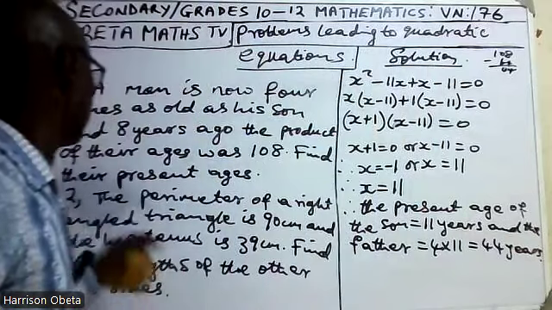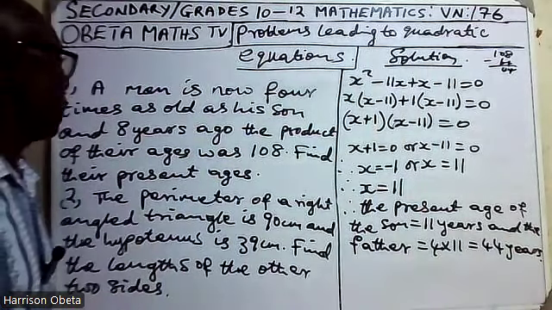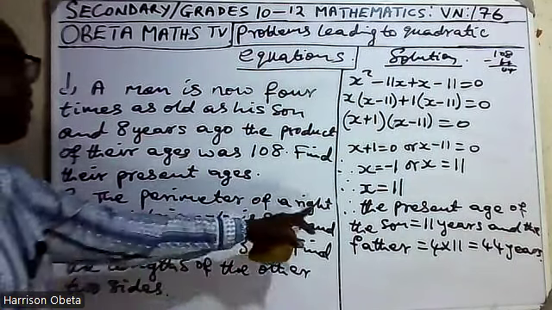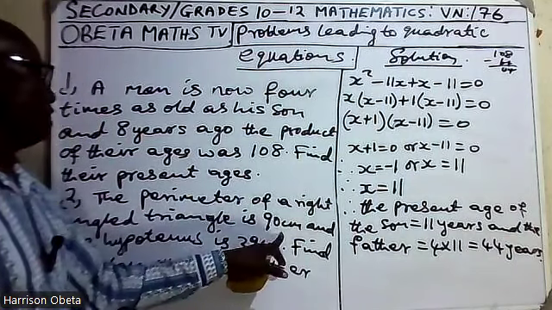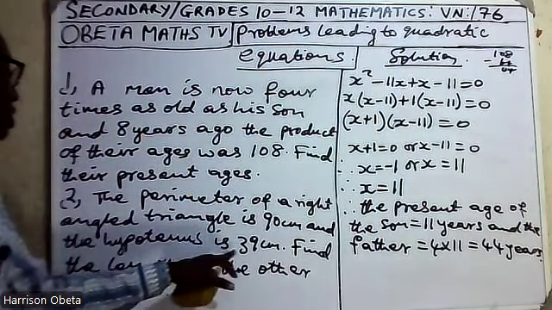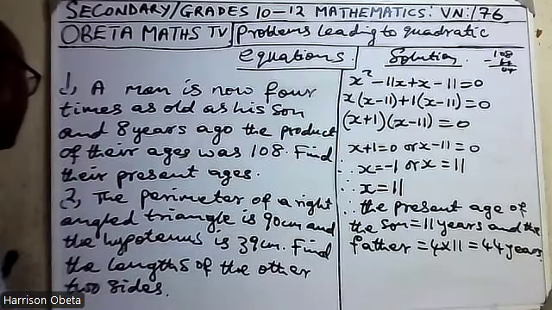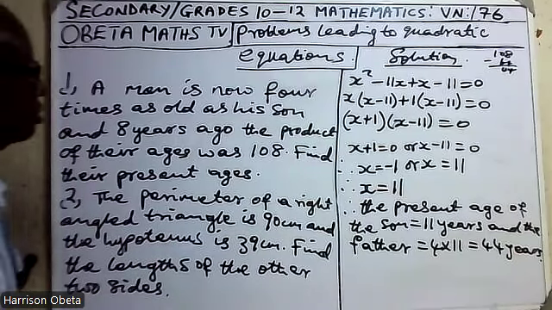We are now going over to question number 2. Number 2 says the perimeter of a right angle triangle is 90 cm and the hypotenuse is 39 cm. We have to find the lengths of the other two sides.